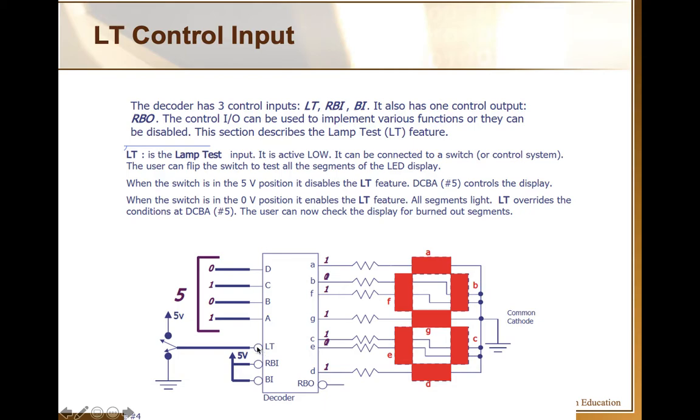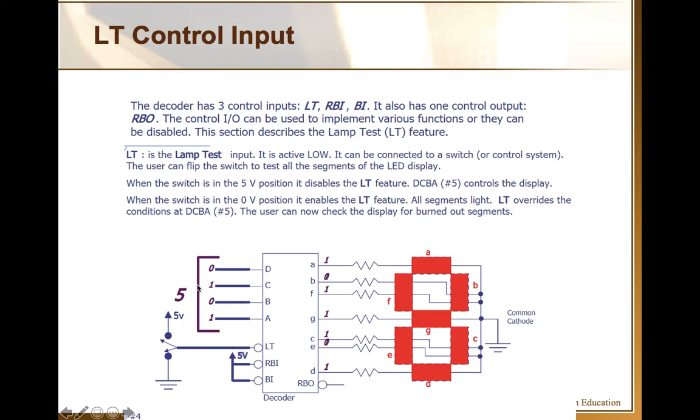When a low signal is provided on lamp test, all of these segments light up. When the switch is in zero position, it enables the LT feature and all segments light up, and it overrides the conditions at DCBA. What is DCBA?